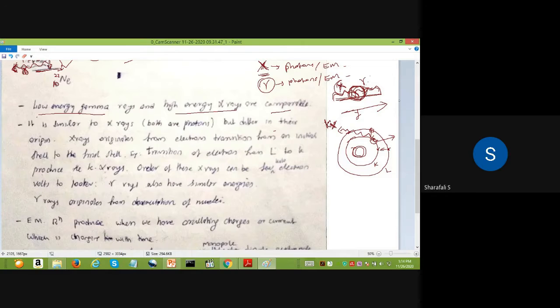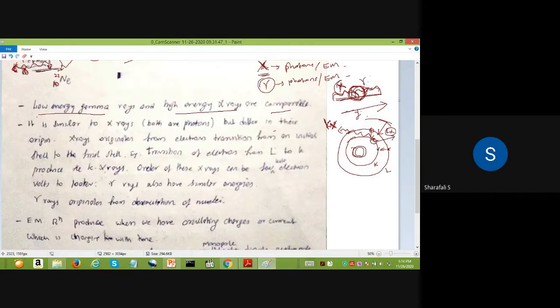In this particular case, they are K X-rays. And if the electron lands into the L shell, then you will have L X-rays and so on. So if you have electrons de-exciting in orbits, you will get the X-rays.